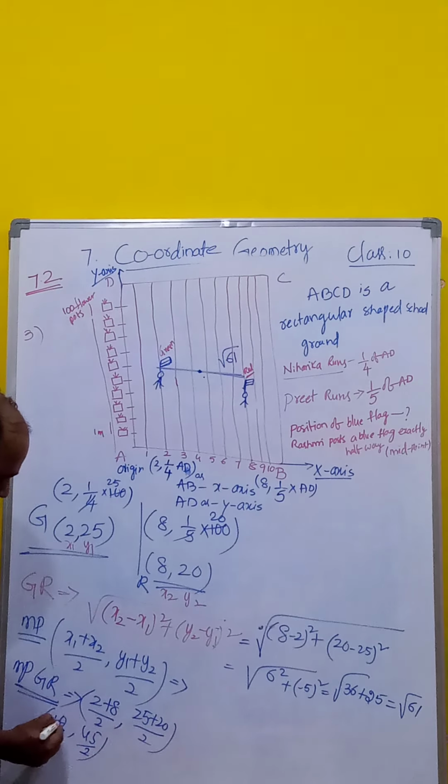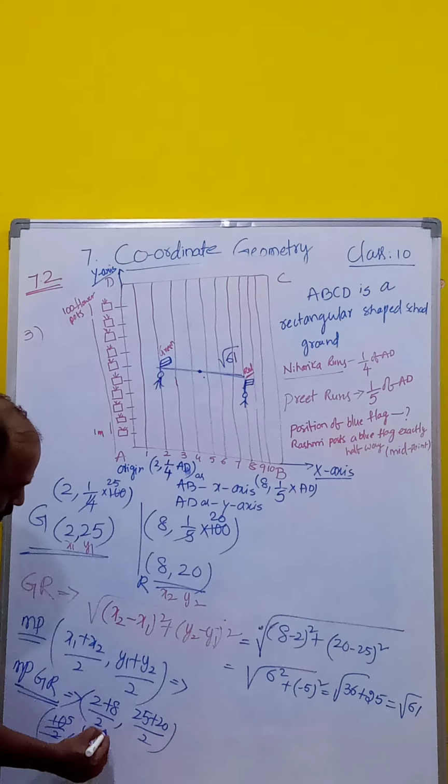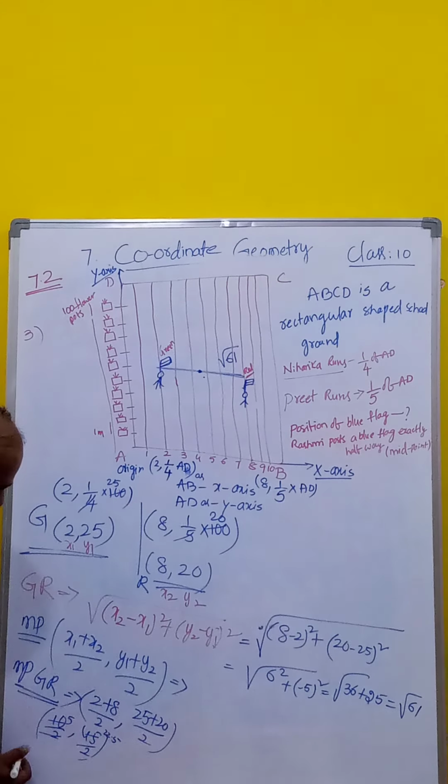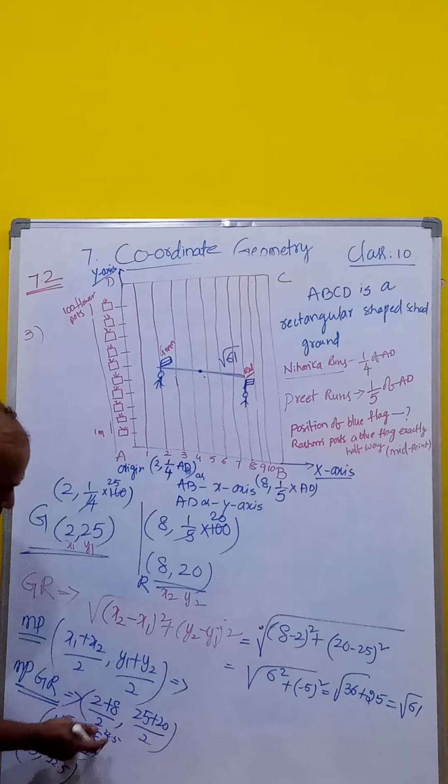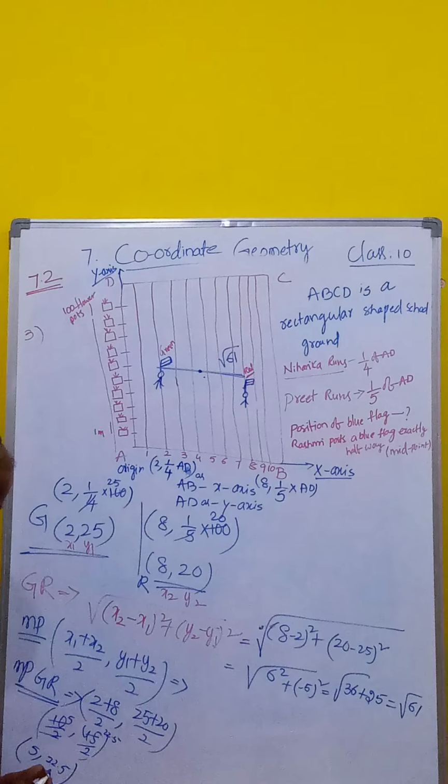Cancel here, 5. The fraction 45 by 2, after cancellation you can write it as 22.5, or 45 by 2, anything you can write. What is the midpoint of GR? 5 comma 22.5, or you can write 45 by 2 also.